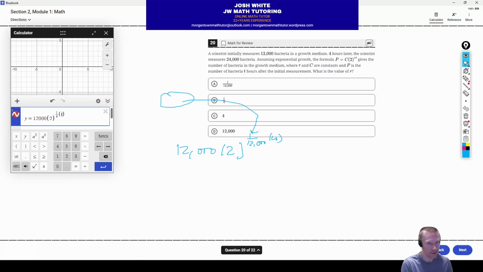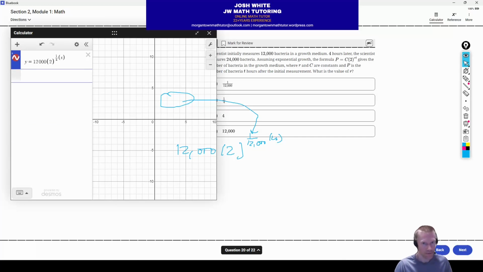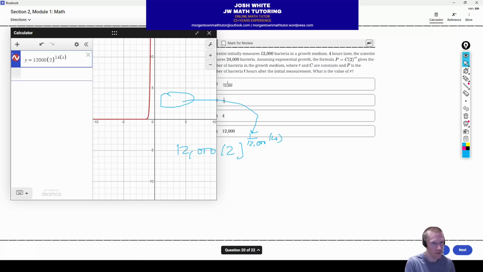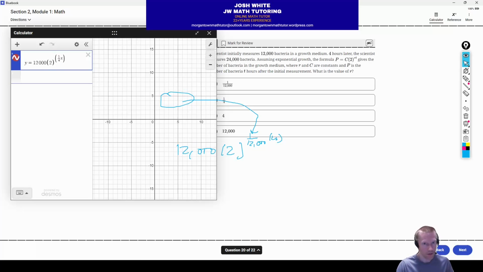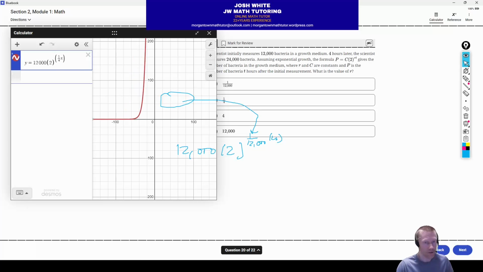So if you have this, we'll just use X. Yes, 1/4 X. See, the graph wasn't even visible there because it goes up so sharply.